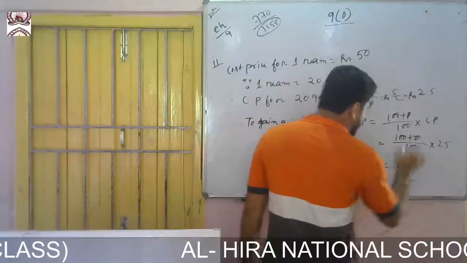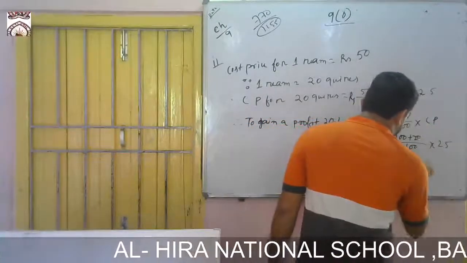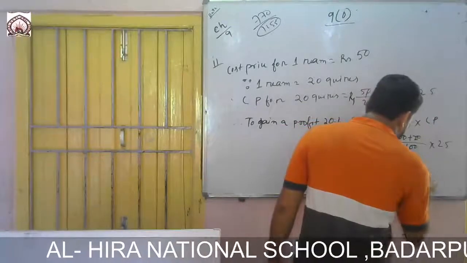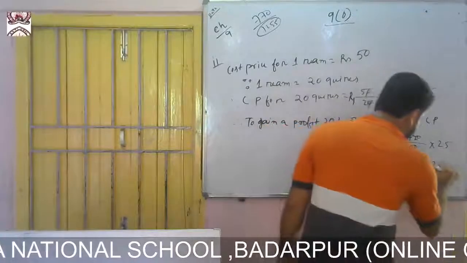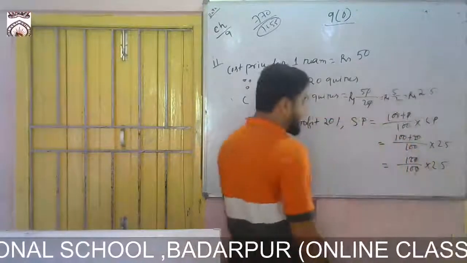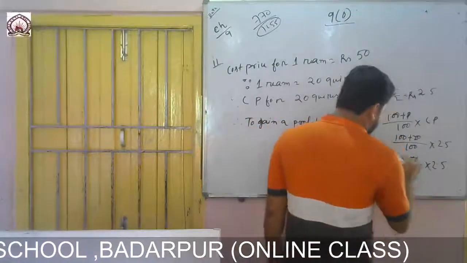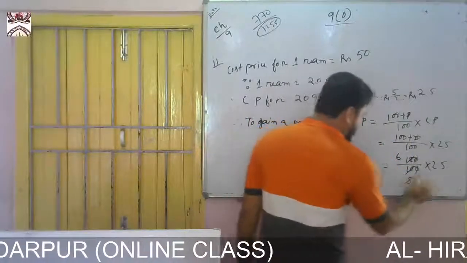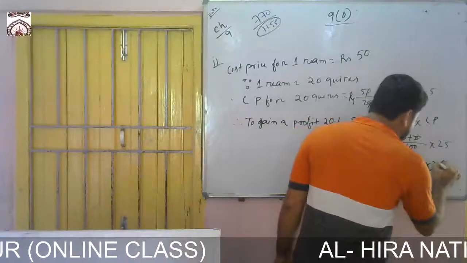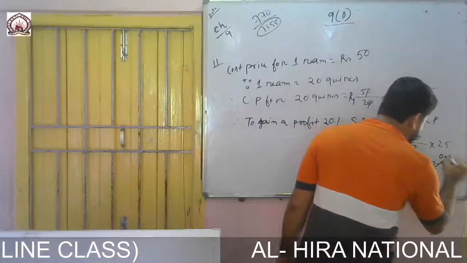Now cancel it. 120 by 100, so zeros cancel. 6 by 5 into 2.5. 5 twos are 10, so it comes to 0.5.